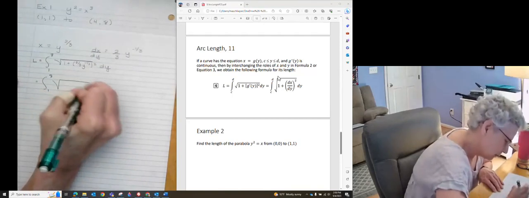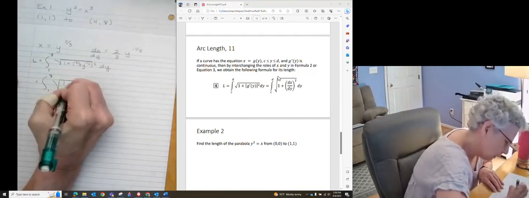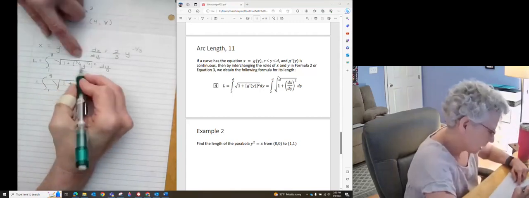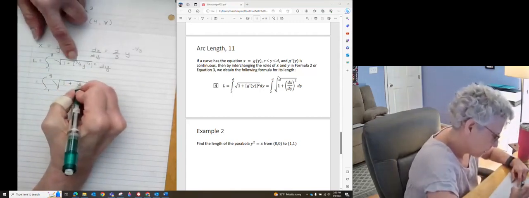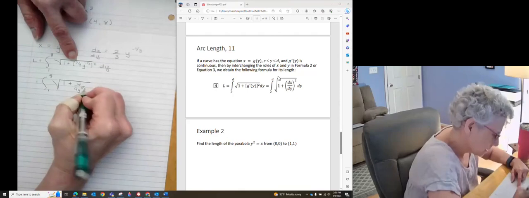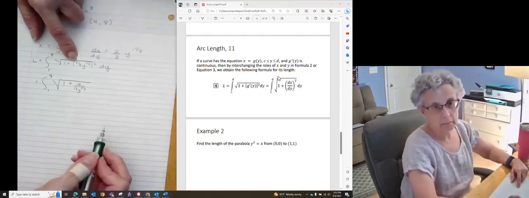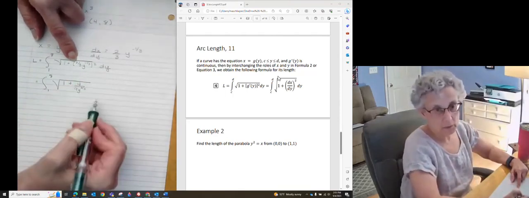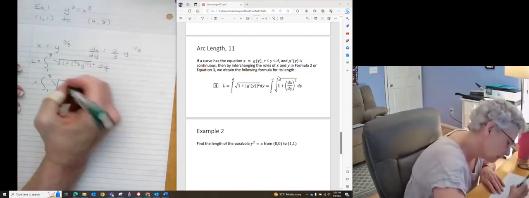And now we have the square root of 1 plus, and I would have 4 on top of 9y to the 2/3 power. Because when we square the 1/3, we multiply the exponents.